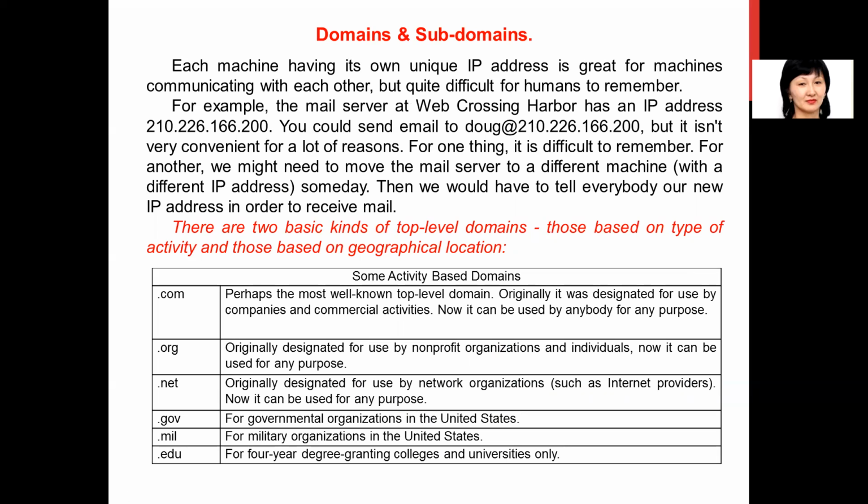Domain and the subdomain. Each machine has its own unique IP address. For instance, .com, .org, .net, .gov, .mil, .edu, and others. A domain, when we say .com, is easy to understand and remember, but you can also use the number 210.226.166.200.